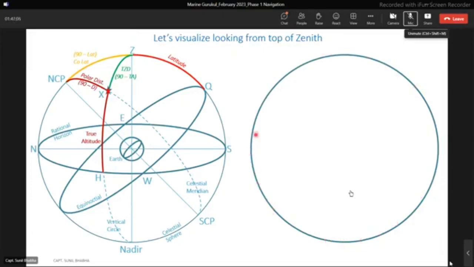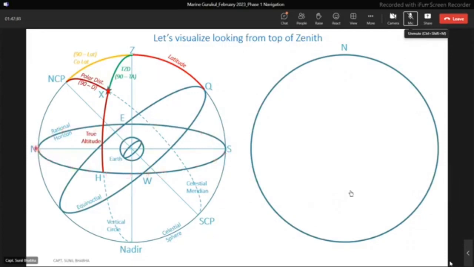So it will appear like a circle as you see on the right hand side of the screen. Now when you are looking from top, you see this was the north point. The circle which we have made on the right hand side is basically the rational horizon of the observer. When you are looking from the top, the circumference of the celestial sphere will be the rational horizon of the observer.